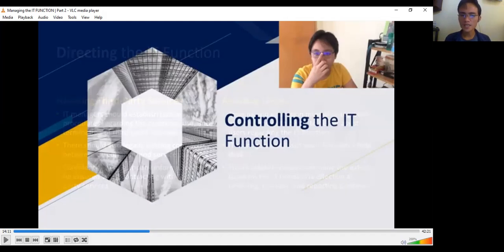That's why these help desk personnel are a group of people who are knowledgeable not only about accounting or business, but also about IT specifically. So that wraps up the directing or leading the IT function.